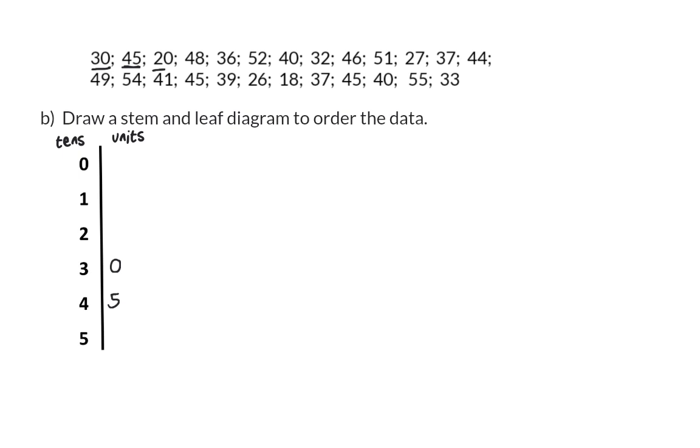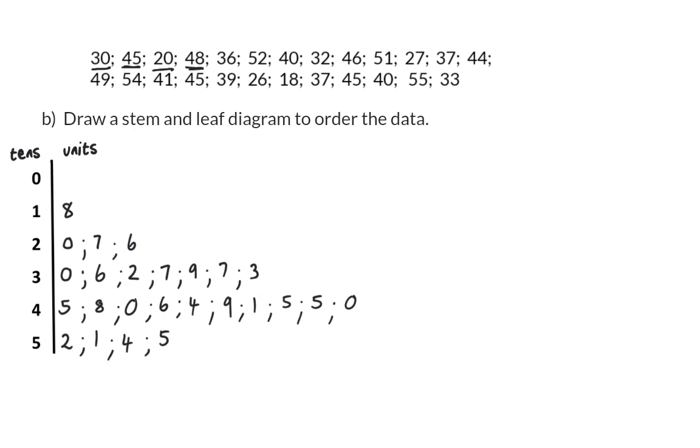Next, next to my 2, I will add a 0 for 20, and then we have 48. So after the 5 in the units of 40, I'm going to add an 8, and this will indicate 48. And then you continue adding the units value of every single data value on the right. Once this is done, all that's left for you to do is to arrange the unit side of every row from smallest to biggest.